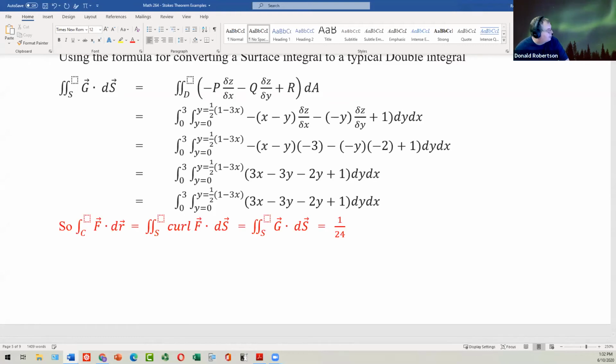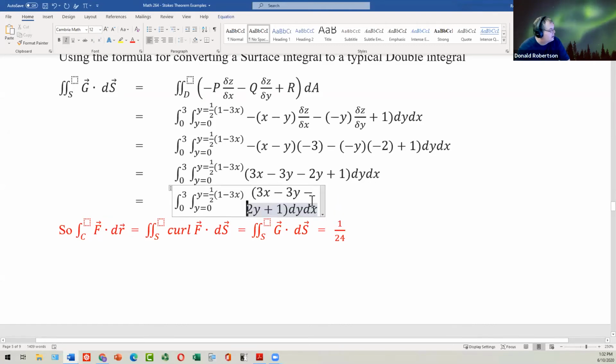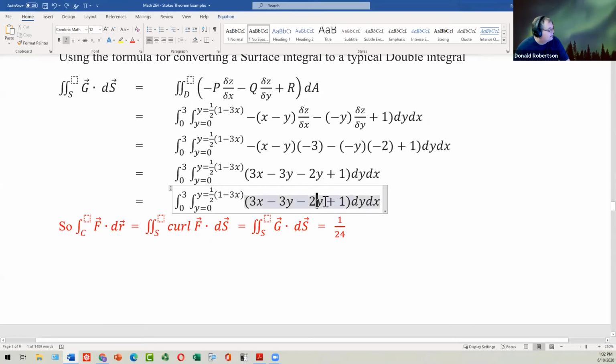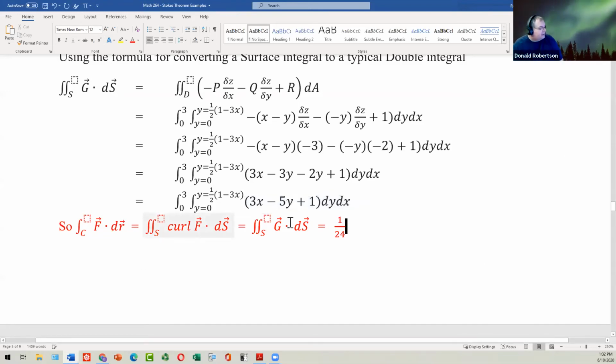Can you bear with me for a few seconds? I just realized, this could be tidied up just a tiny little bit. Yeah. So that is the end of the line.